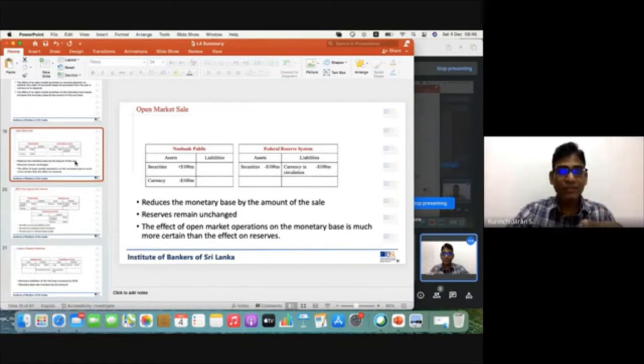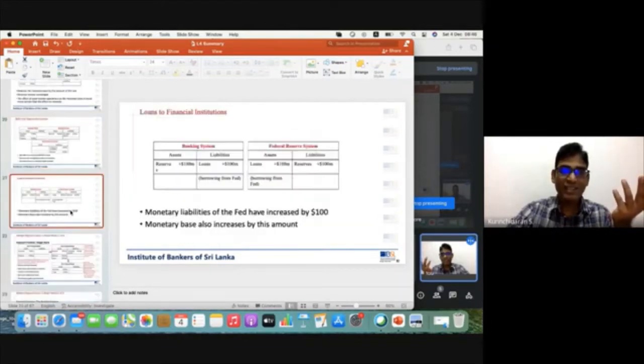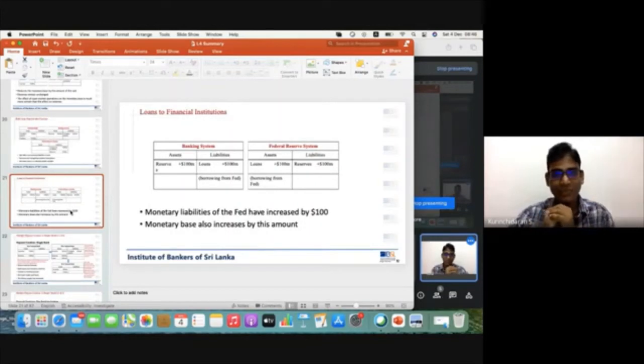When the central bank sells securities, the monetary base changes. So these are the areas we have to look into, right? How the monetary base changes, right? Clear? So the central bank can manipulate the monetary base to achieve its price stability through these various means.